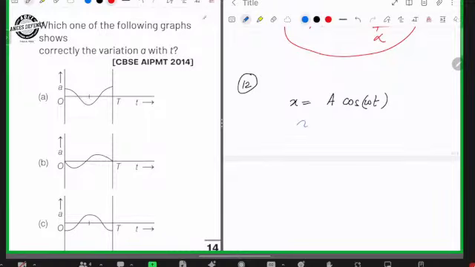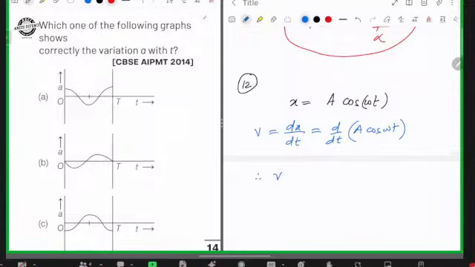First we will differentiate x to get velocity. So let us differentiate x. How to differentiate x? d by dt of A into cos omega t. Therefore, v is equal to A, the differentiation of cos is minus sine, so minus A omega into sine omega t.